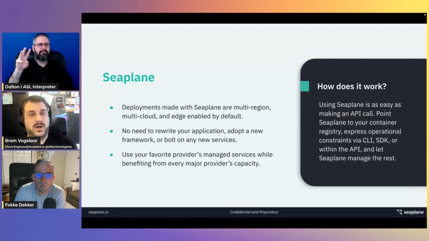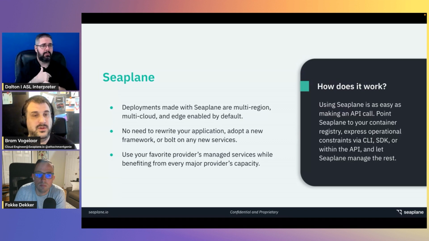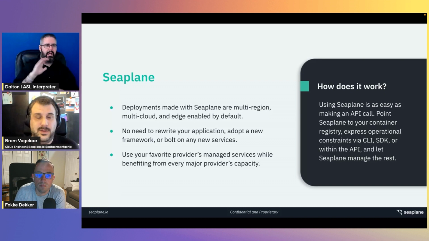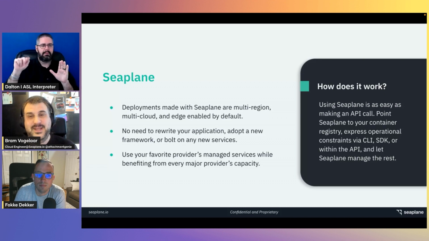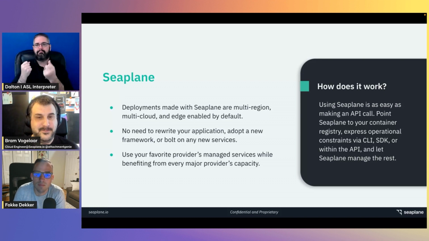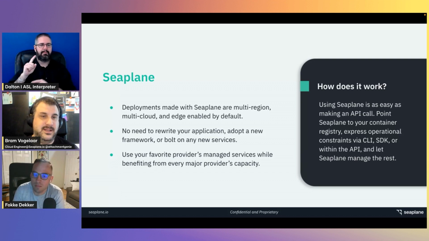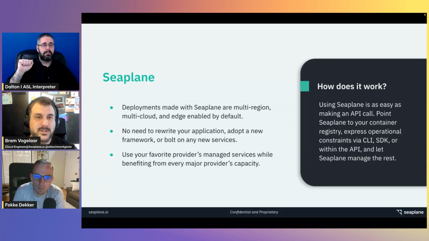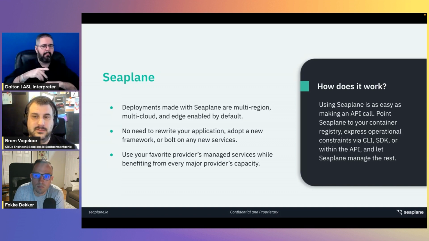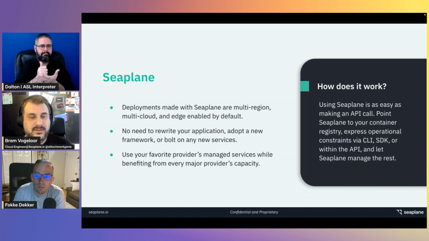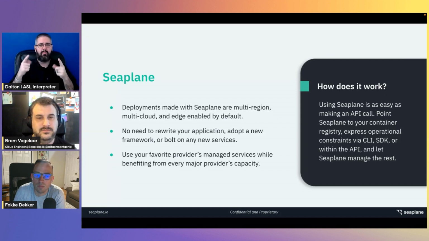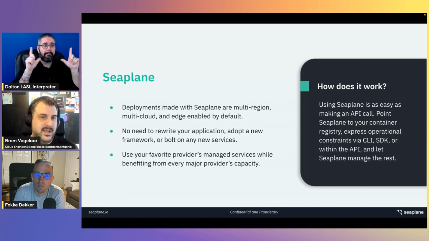And the reason why we ended up at Waypoint, we probably should introduce Seaplane, our company at the moment. Promise, this is not a vendor pitch, but we need to set up the story for today. Seaplane is a multi-region, multi-cloud platform that helps development teams abstract away all the difficult stuff when you want to go global. When people in America wake up, that's where you want to have your load, while Asia goes to bed.